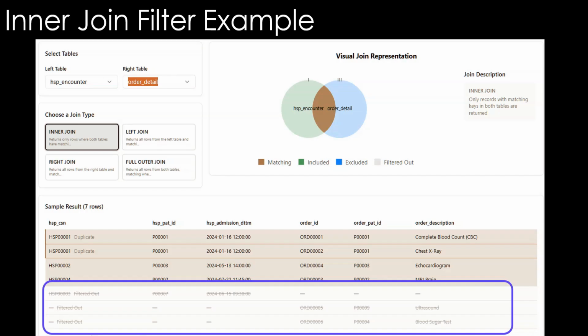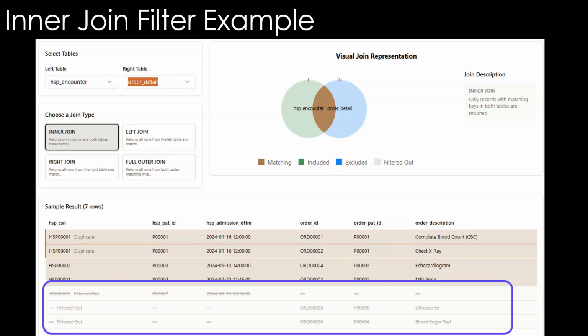So the hospital columns are to the left and the order columns are to the right. You see this example where there is an encounter that's in the hospital table, but there is not a match in the order table. Well, this encounter is now removed from our results. You want to make sure that that's actually what you intend to do.